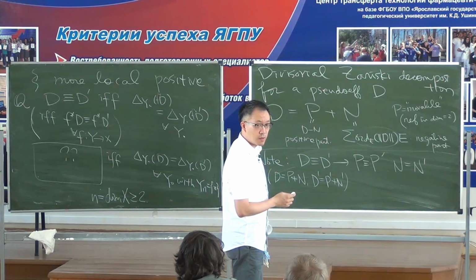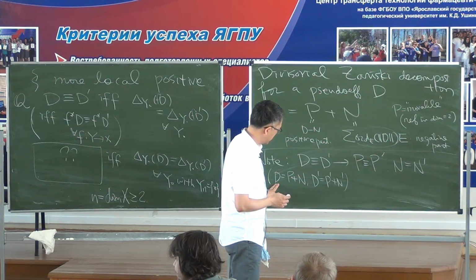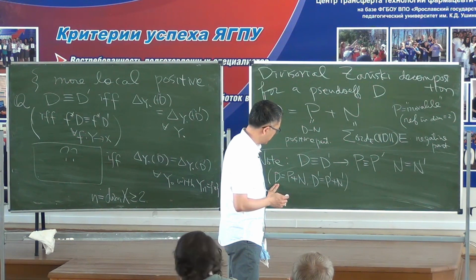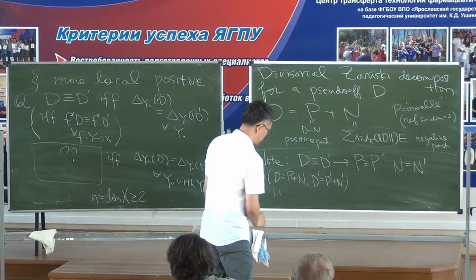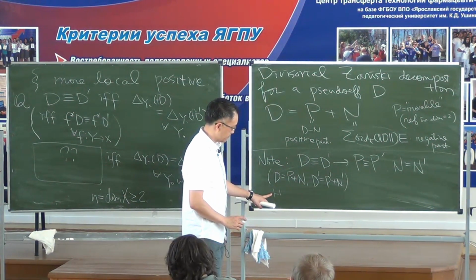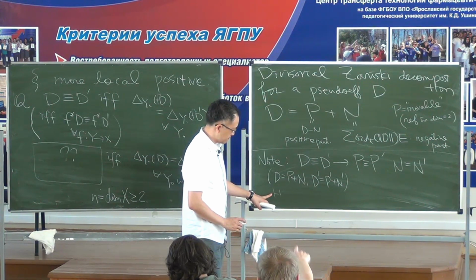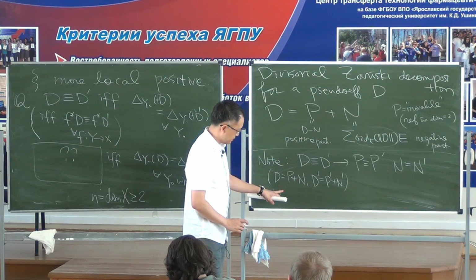Question about the divisorial Zariski decomposition. So, is it true that if you take the decomposition and then take another divisor, say H, very general, general in this linear system, and restrict the left hand side and the right hand side to H, I get the Zariski decomposition on H?